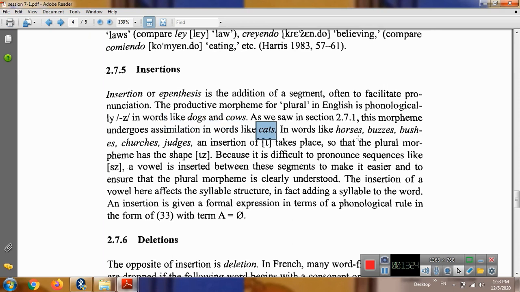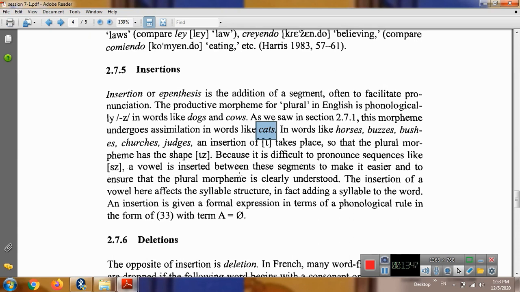In words like horses, buses, bushes, churches, and judges, we have insertion of a vowel in this position, so that the plural morpheme has the shape iz, because it is difficult to pronounce sequences like these.